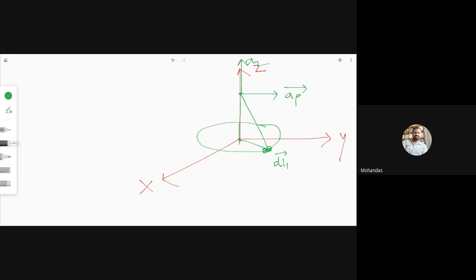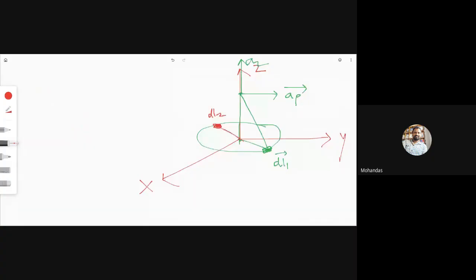Here the interesting thing is that the total length of the loop is the combination of small differential lengths. So here also you will have a small differential length, let us say this is dL2, and its length is the same. It also has a magnetic field intensity component, if you do the mathematical calculation as earlier.